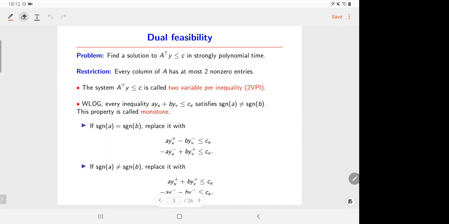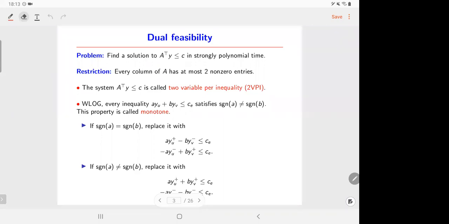So what we'll do is look at the special case when every column of A has at most 2 non-zero entries. Then if you look at the dual system, every inequality has 2 variables. We will call such systems a 2 variable per inequality system, or 2VPI in short.